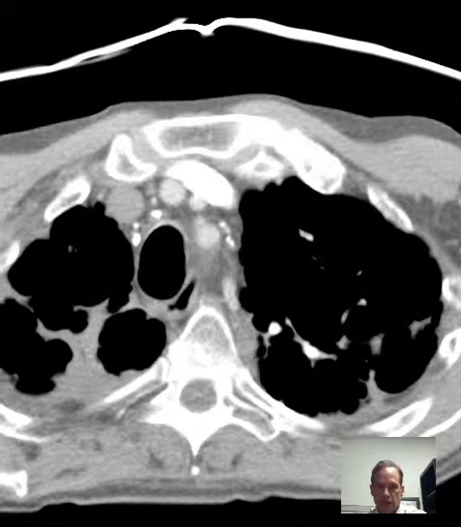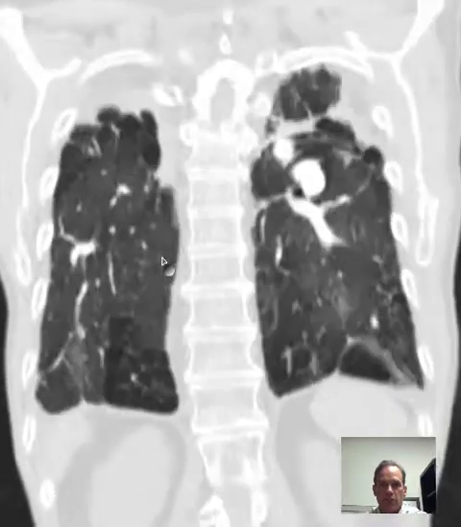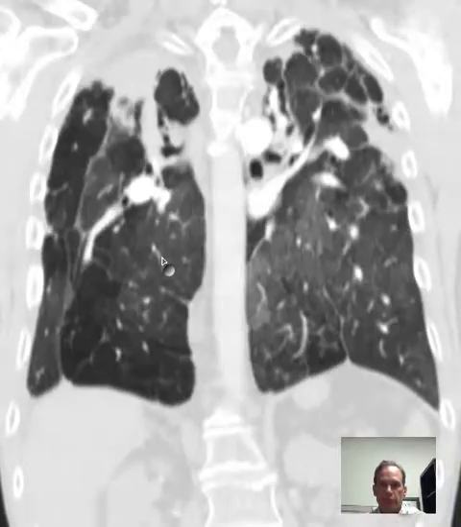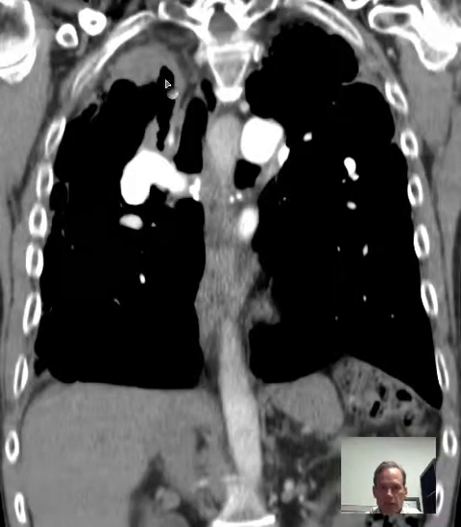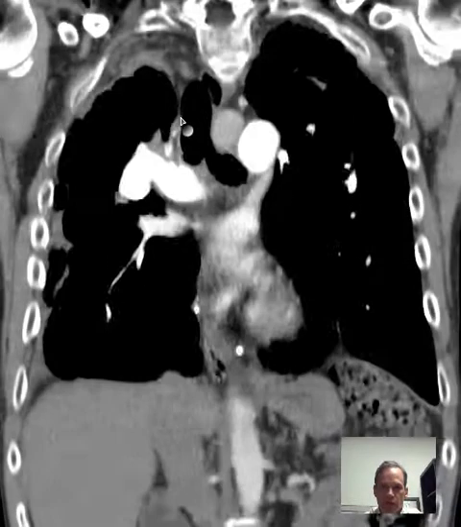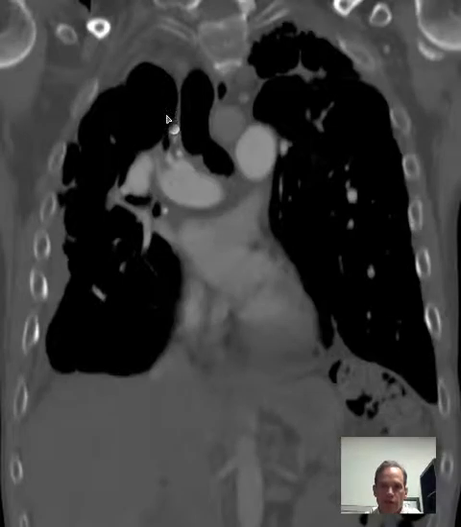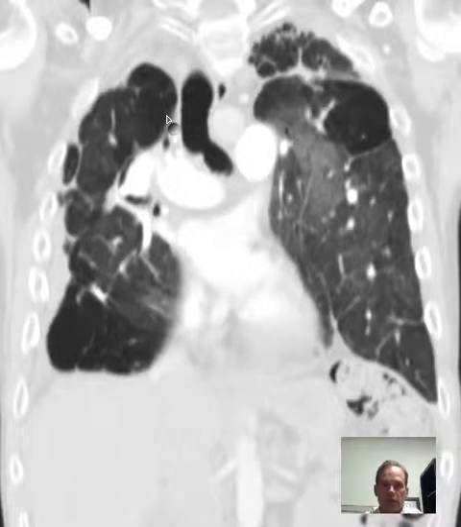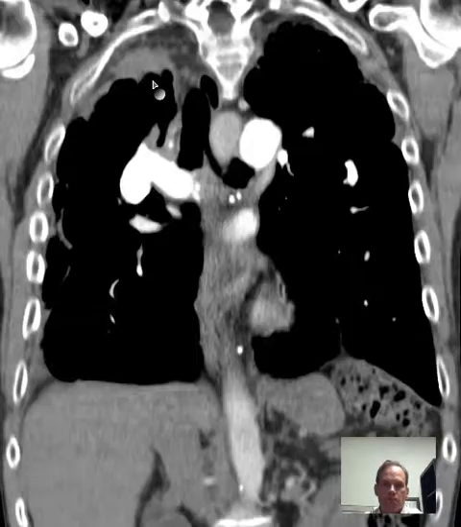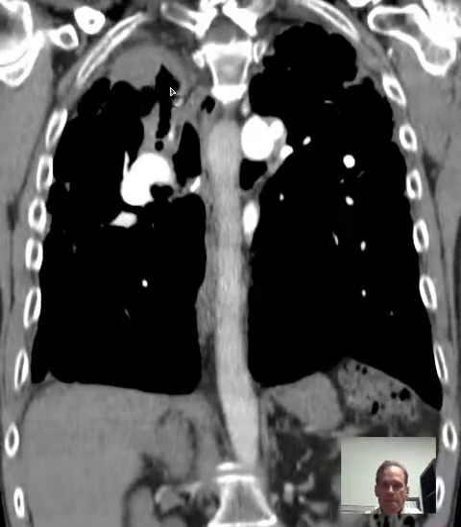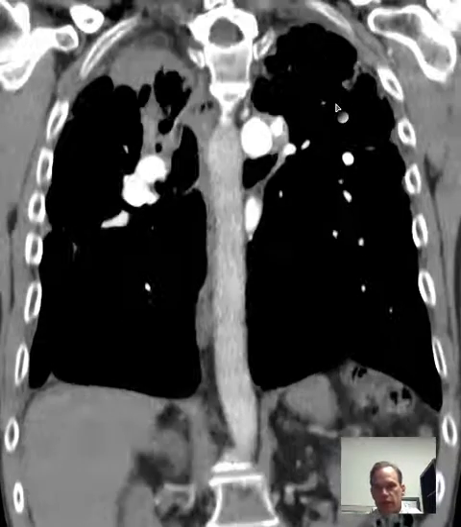Bilateral apical fibrosis. Look at it in the coronal plane here now. And I'll go back to the soft tissue. See, you have apical fibrosis here. Some of it is actually going through parts of the lung. So this is all fibrotic tissue.